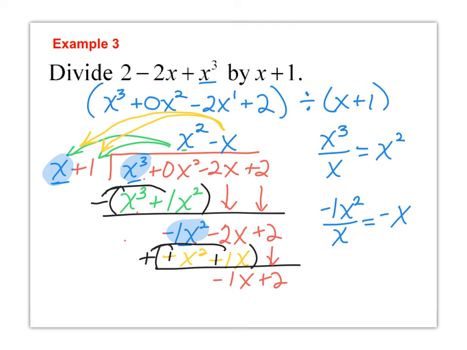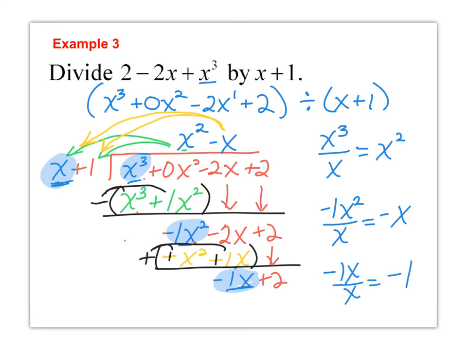Now we look at the first term here and divide it by the first term again. So we want to know how many times does the x here go into the negative 1x here. So divide the first term here, negative 1x, by the first term of what we're dividing by.